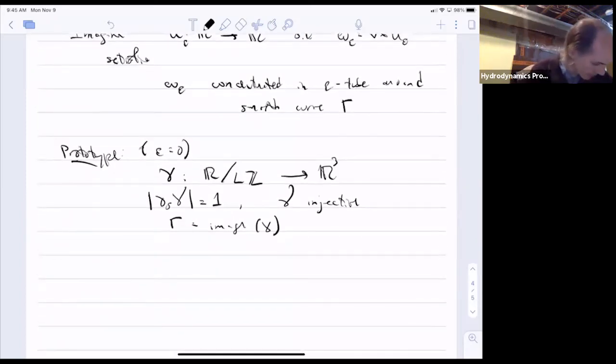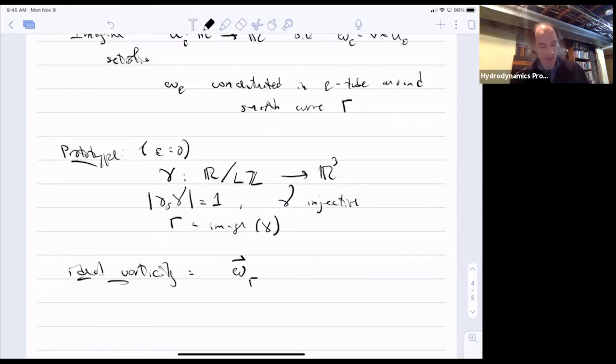Okay, and so then the prototype, the ideal vorticity, let's write it as omega sub gamma.